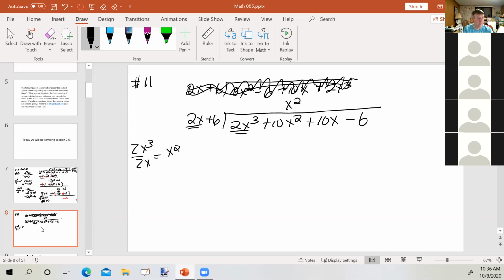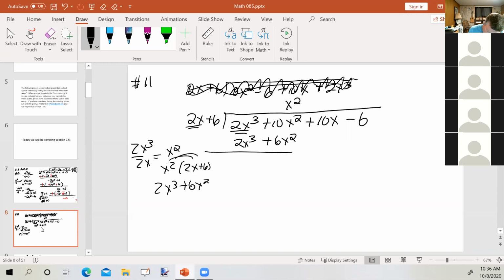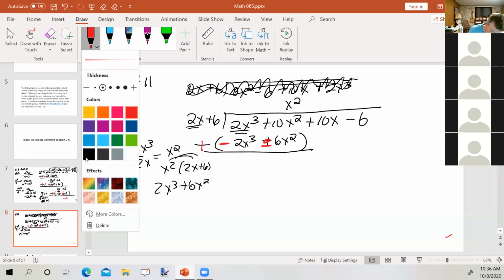Again, any questions? All right. x squared times 2x plus 6. Distribute: 2x cubed plus 6x squared. Write that up here. 2x cubed plus 6x squared. Subtract that quantity from what's up above. Change it to addition of the opposite.